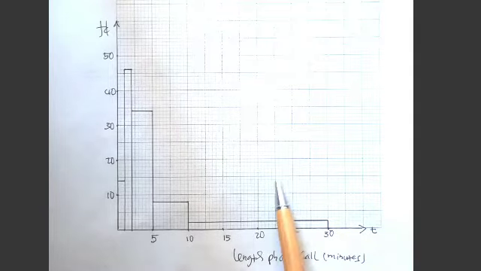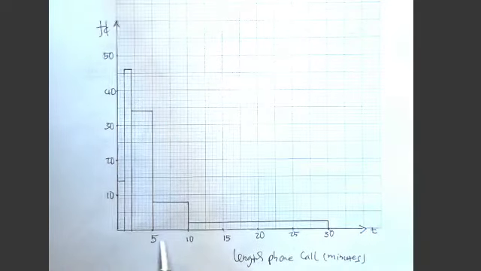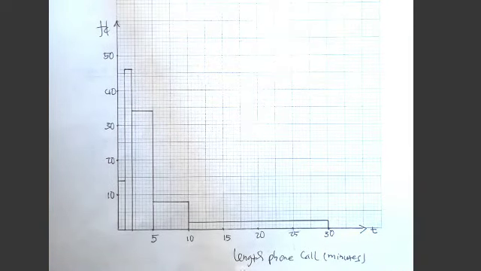Now this is the histogram. In the vertical axis we use the frequency density. In the horizontal axis, the length of phone calls in minutes. The first bar is from time interval 0 to 1, and the height, the frequency density, is 14.